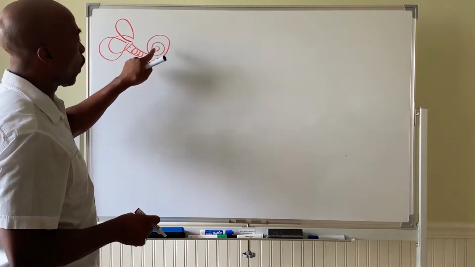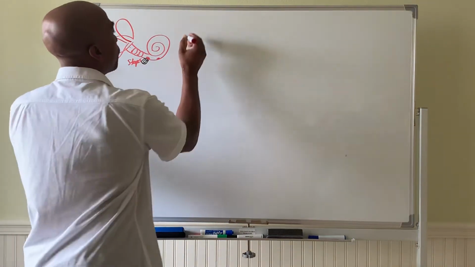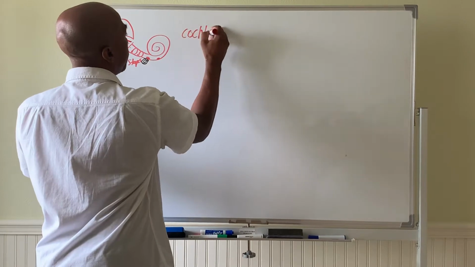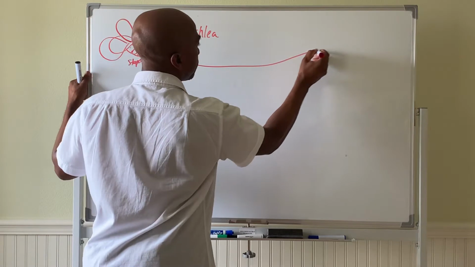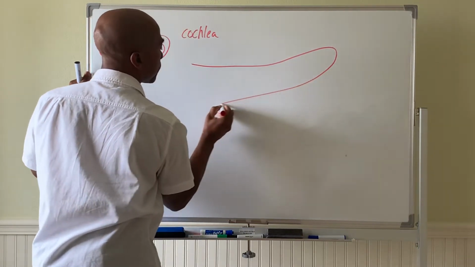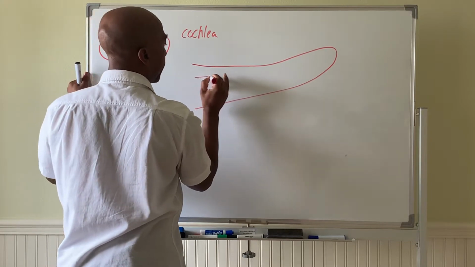So let's stretch the cochlea out, hypothetically speaking, and see what chambers are in there. Just unwinding it, you will see that there are 3 chambers in the cochlea.